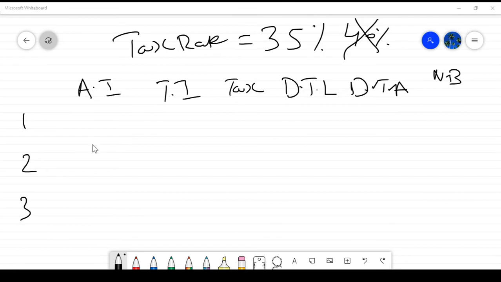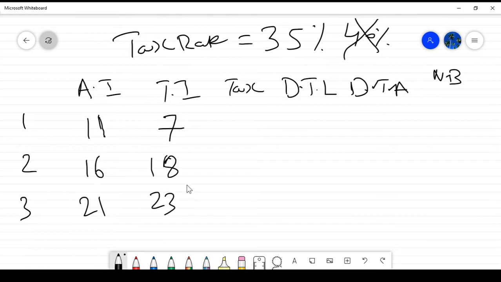First year, as per the question, under the accounting income it is 11 lakh, taxable income 7 lakh. Second year, accounting income is 16 lakh, and under taxable income it is 18 lakh. Third year, accounting income is 21 lakh, and taxable income is 23 lakh.